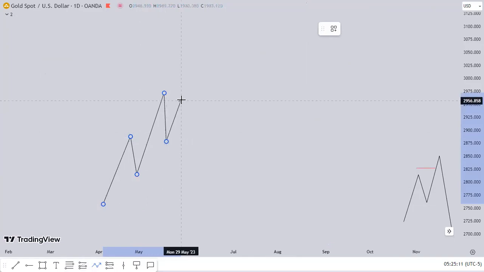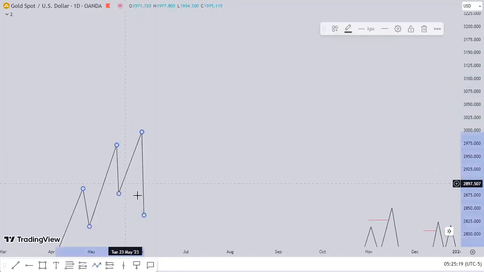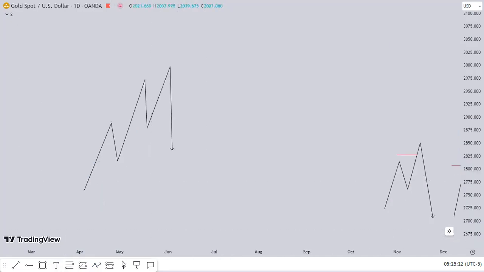Okay, then price make this move in the Dow. Okay, but in the Nasdaq, let's say Nasdaq or the Dow, or if you are trading the forex pairs, GBP USD, Euro USD, let's say this is GBP USD and this is Euro USD.